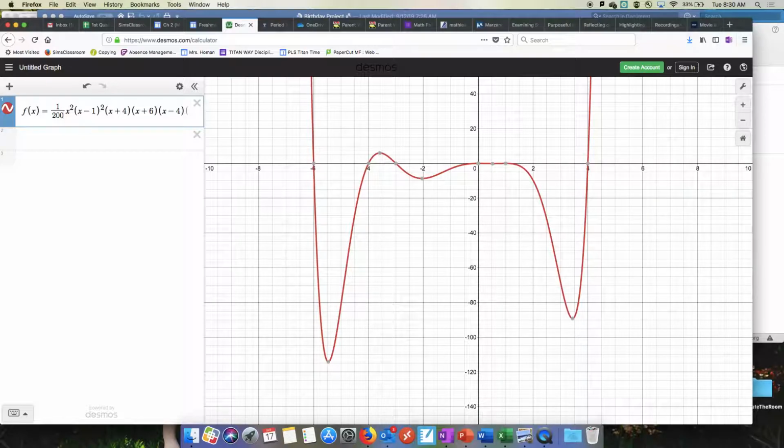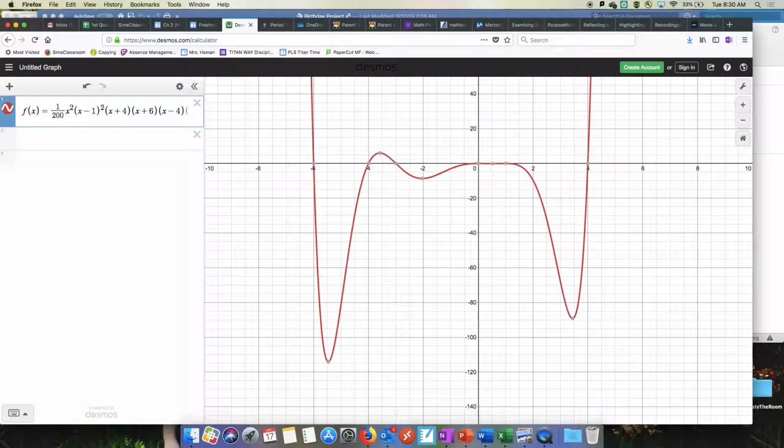Okay? You can choose a positive leading coefficient. You can choose a negative leading coefficient. But my suggestion to you, put your pencils down for right now, my suggestion to you would be to go into Desmos.com, type in the factors that you have decided on, and play around with what you want your leading coefficient to be, okay?